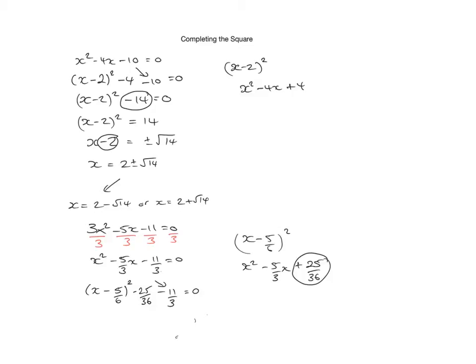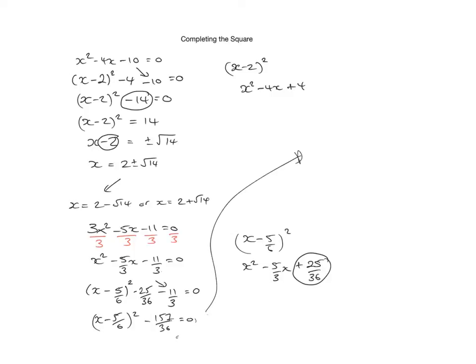Then what we're going to do is we're just going to clean up the numbers on the right hand side there. So we have x minus 5 over 6 squared minus 25 over 36 minus 11 over 3. And if you just use your calculator, you'll get minus 157 over 36. So minus 157 over 36 is equal to 0.